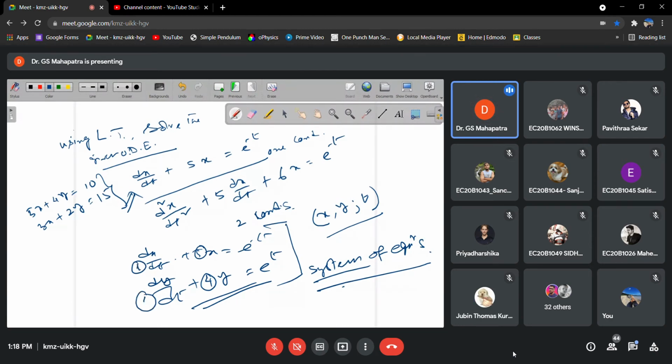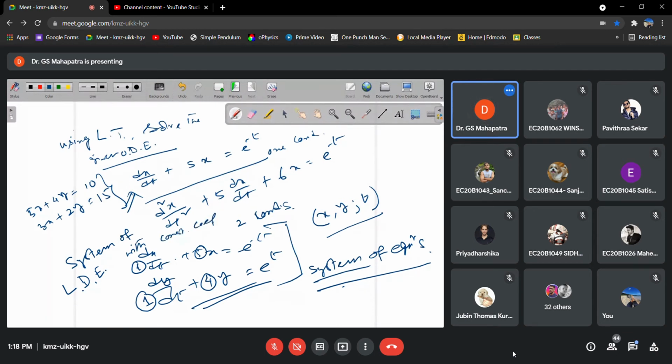According to your syllabus, linear differential equation with constant coefficient, and since the number of equations is more than 1, it is called a system of linear differential equations.